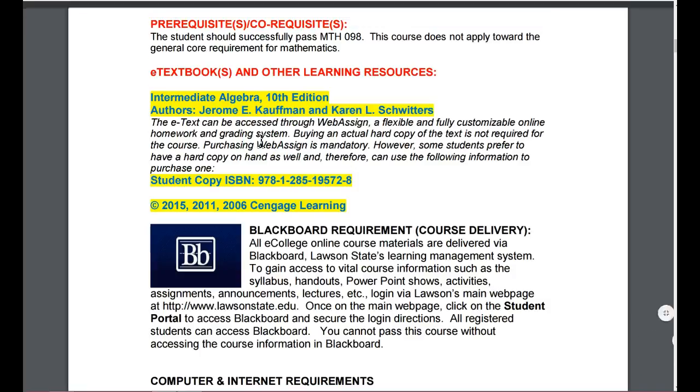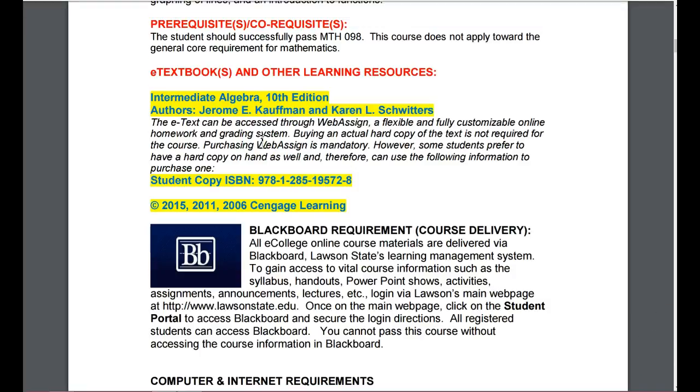WebAssign is where I assign your homework, and some of your quizzes are on WebAssign. So purchasing WebAssign is mandatory for this course. It's approximately $85. So just keep that in mind. You probably need to get that as soon as possible. Definitely by the second week.